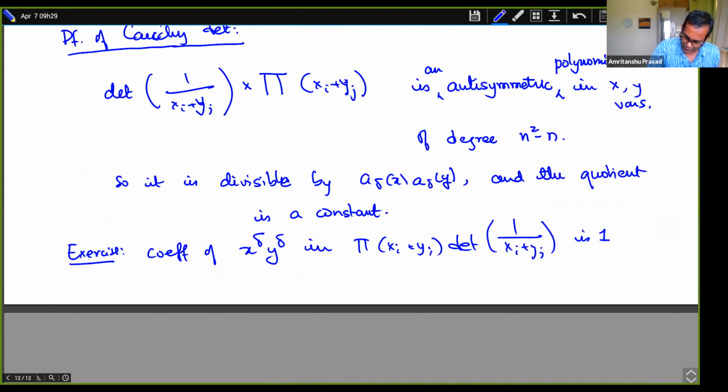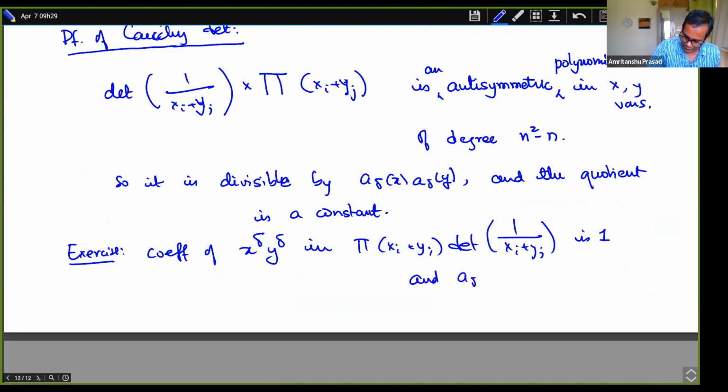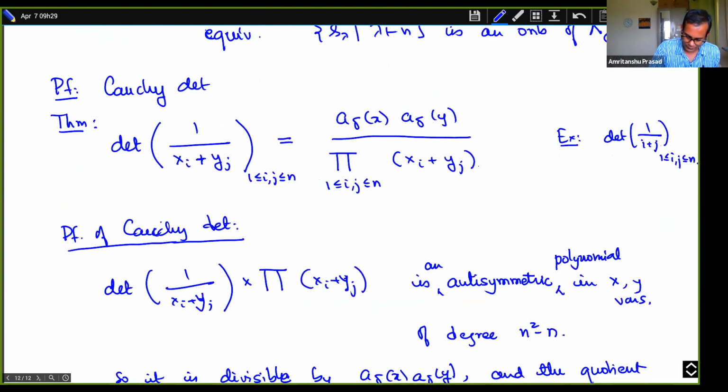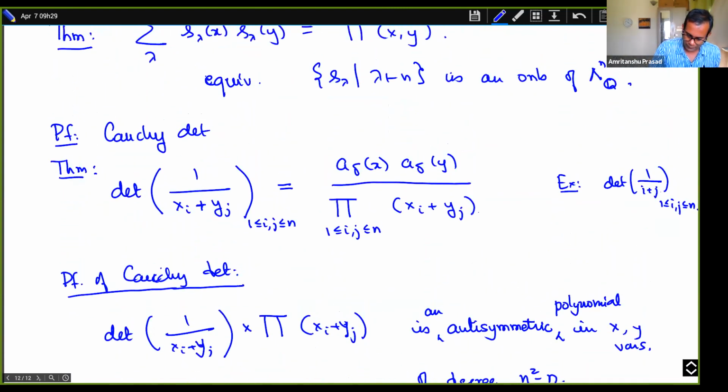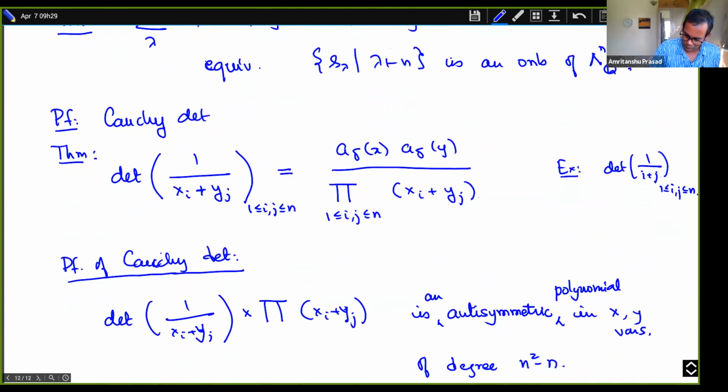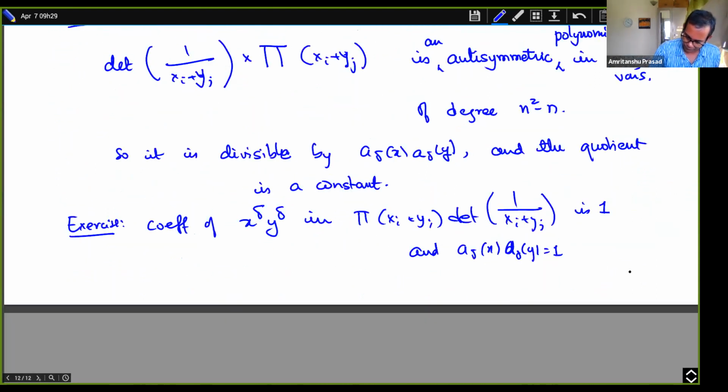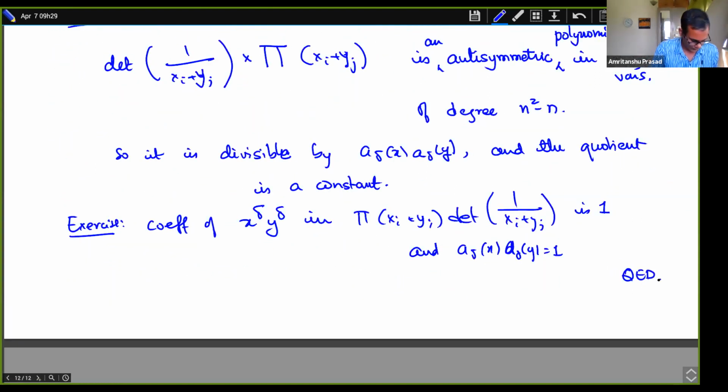So they differ up to a constant, and then one of the coefficients matches, so they must be equal. So that's the proof of the Cauchy determinant.